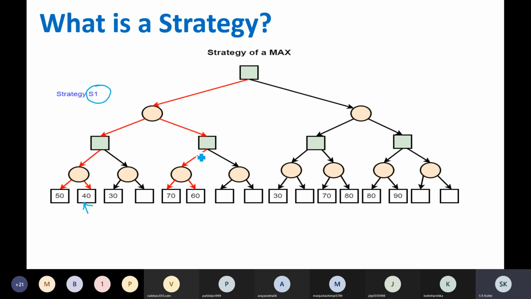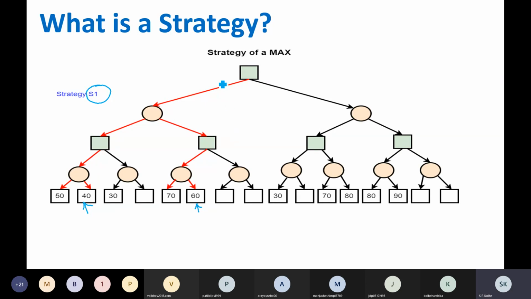So max, it was your turn. You have selected the best move, and then it's min's turn, and when min has to select, either of these two will be selected. Which one will min select in this particular situation? The rightmost node, that is this node with utility value 60.